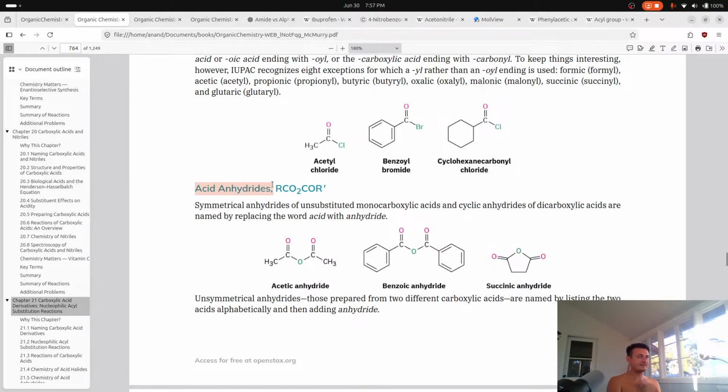Okay. Acid anhydride. RCO2COR'. Symmetrical anhydrides of unsubstituted monocarboxylic acids, what does that mean? First of all, let me just draw my prototypical anhydride.